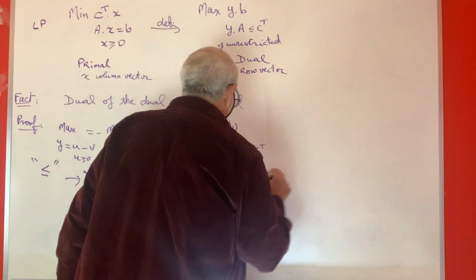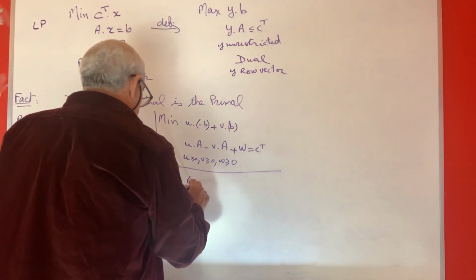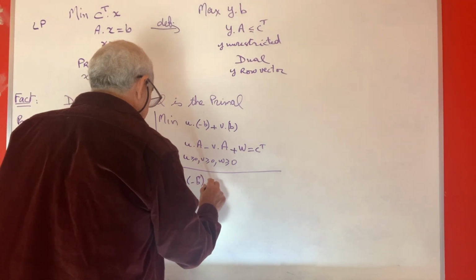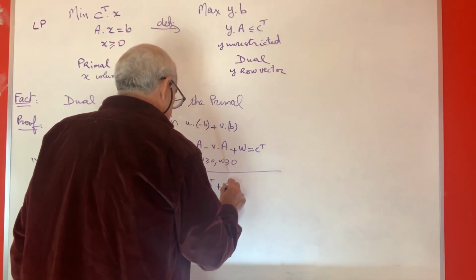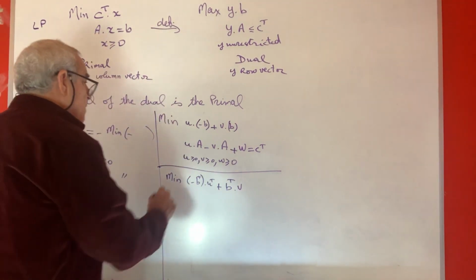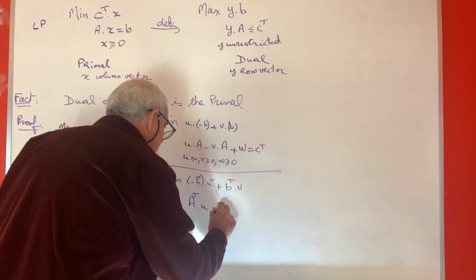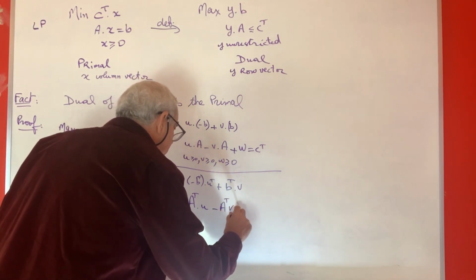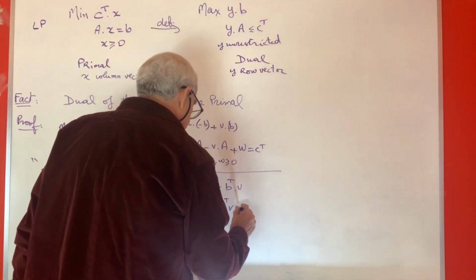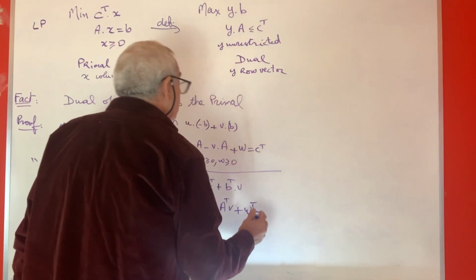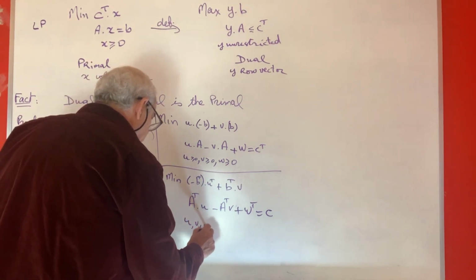So I could even further do the min, and I just do the transpose. So it's minus b transpose times u transpose plus b transpose times v, and then here A transpose times u minus A transpose times v plus w transpose equal to C, with u, v, w all greater or equal to 0.